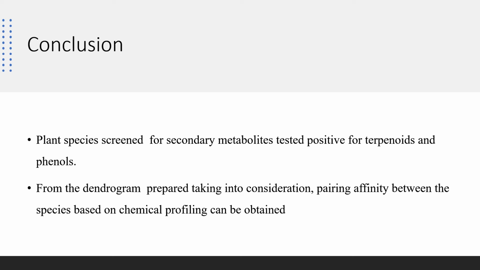So we can also conclude that chemotaxonomy plays a vital role in relating plants with each other. Although they belong to the same family and the same order, the chemical composition of the plants is different from each other, and hence the relationship can be studied.